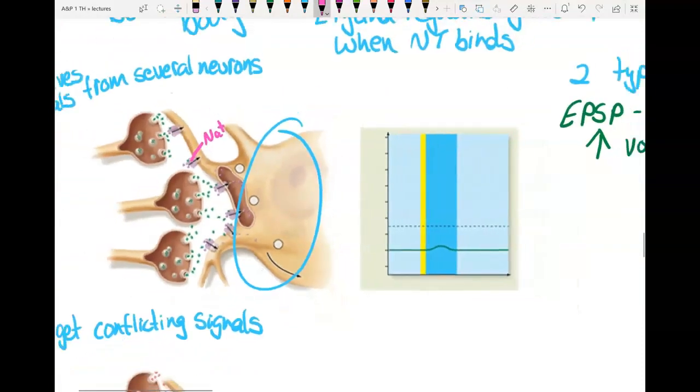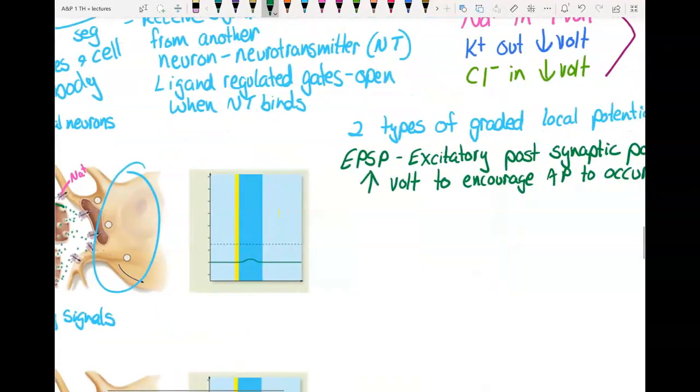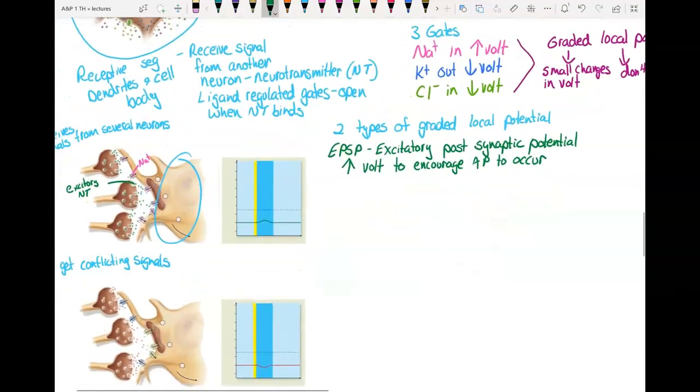So this is an excitatory neurotransmitter. These green dots here are excitatory neurotransmitter. So to have an EPSP, you use excitatory neurotransmitter.